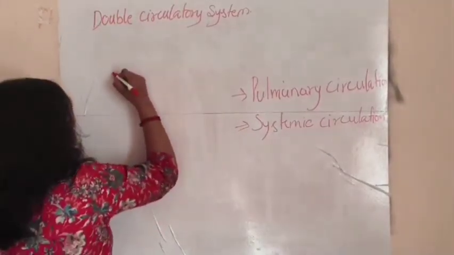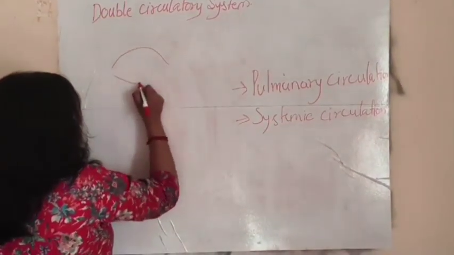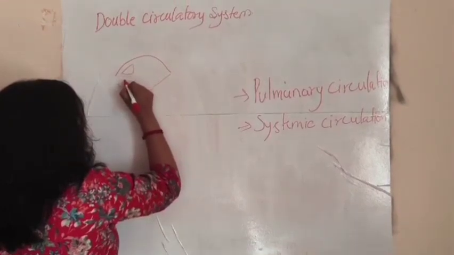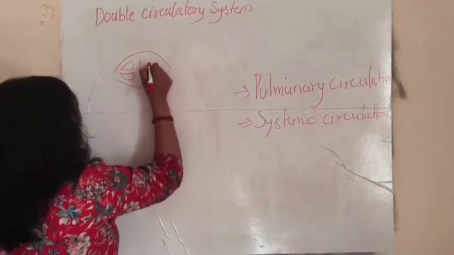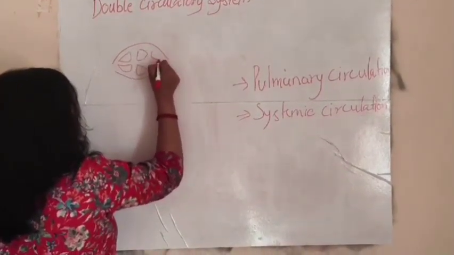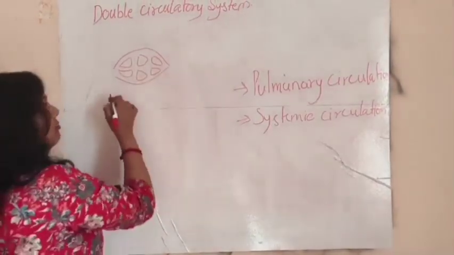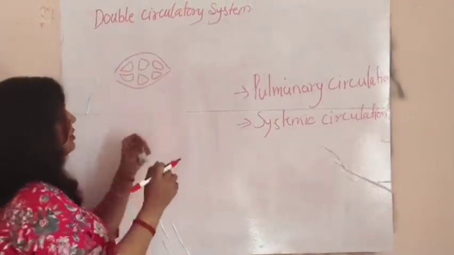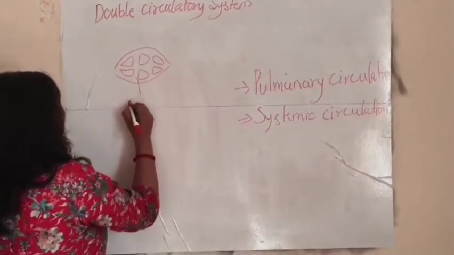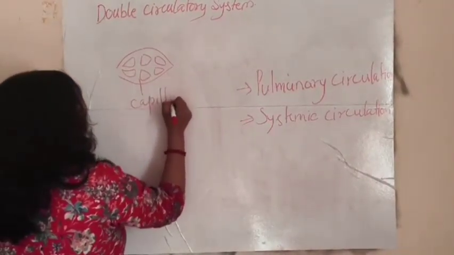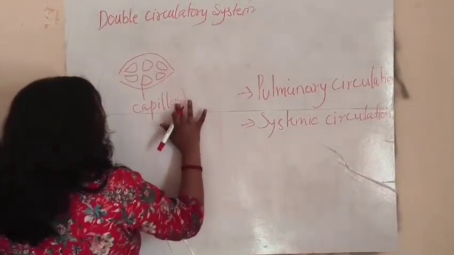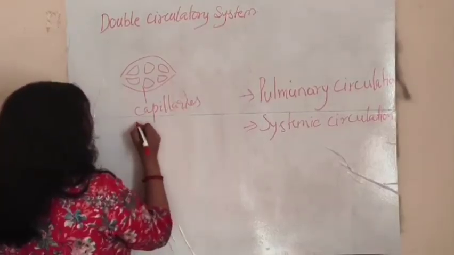So here we are going to draw. These are the branches of arterioles and venules and the capillaries that are going through the lungs.